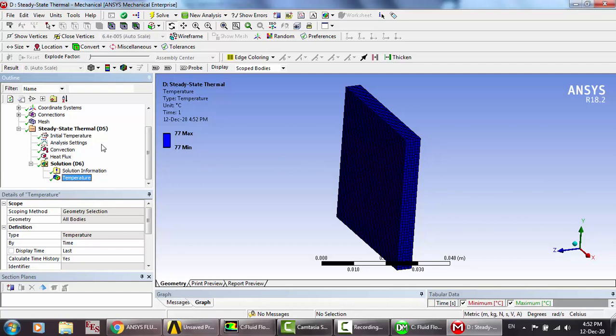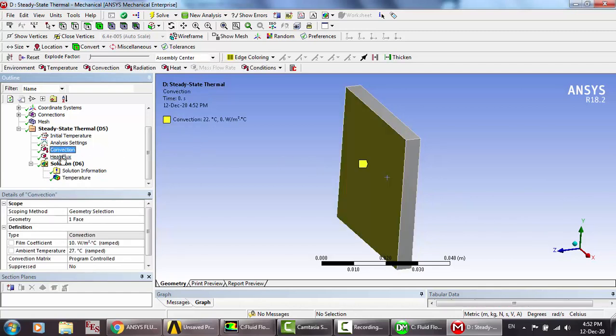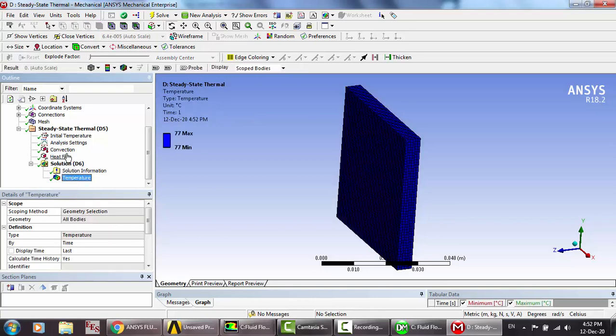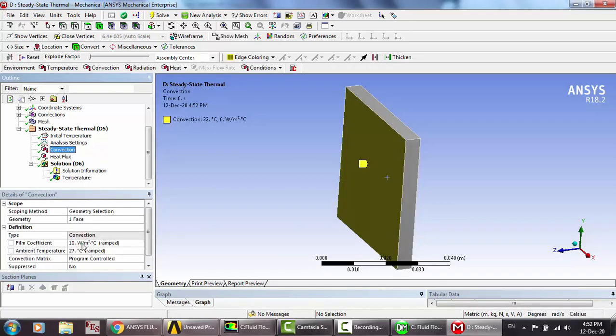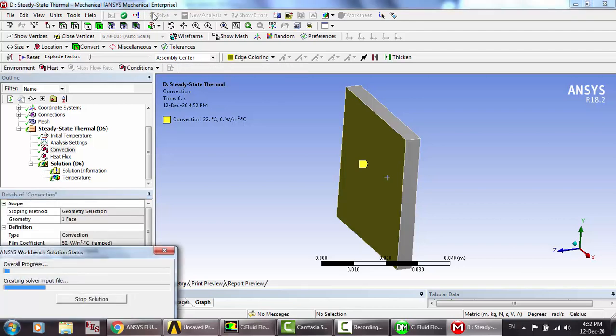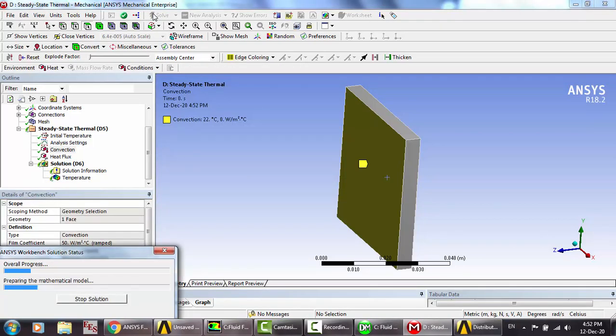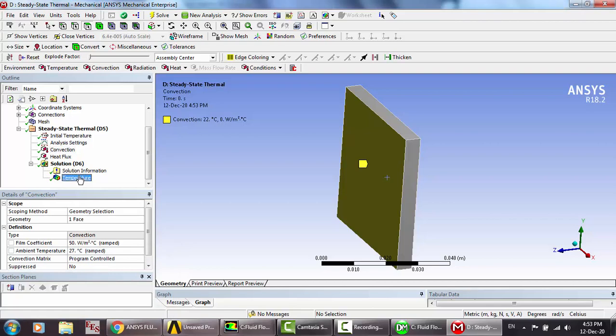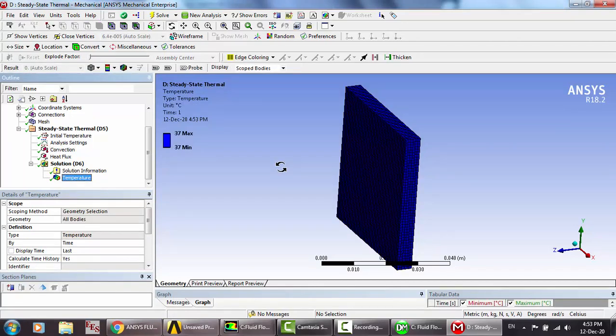So we have here 77. So we have here heat flux, and here is convection, and the temperature is 77. Okay, we're gonna now make this 50. Now increasing H, will it increase the temperature or will it decrease it? We got 77, and we have 37.